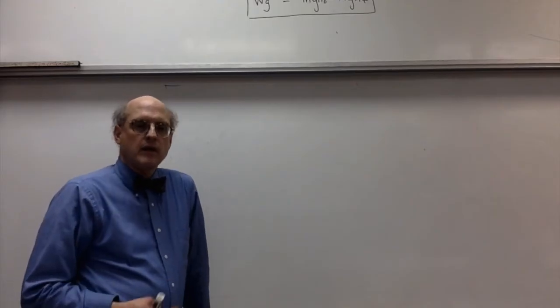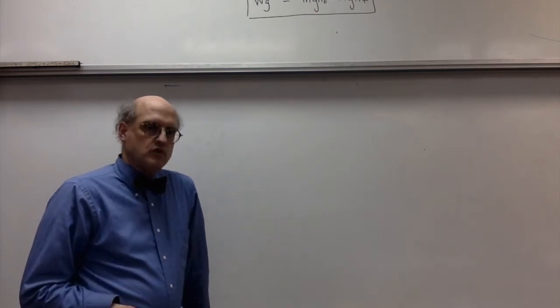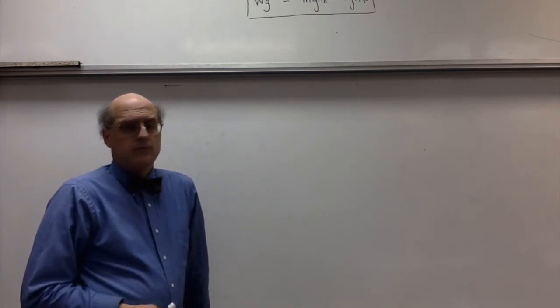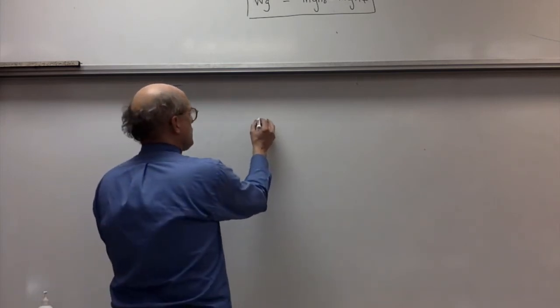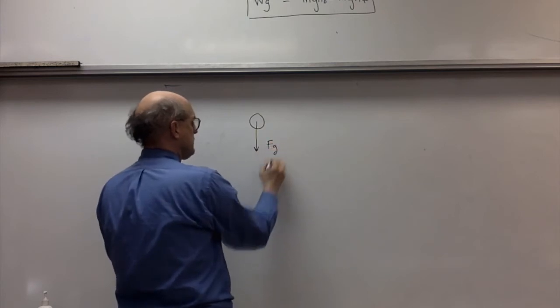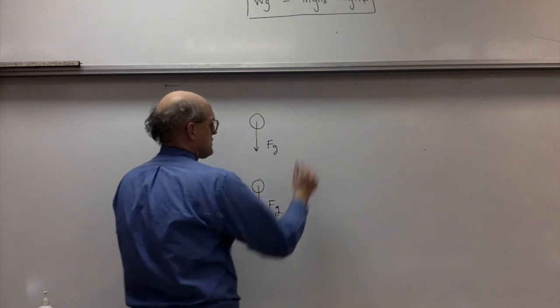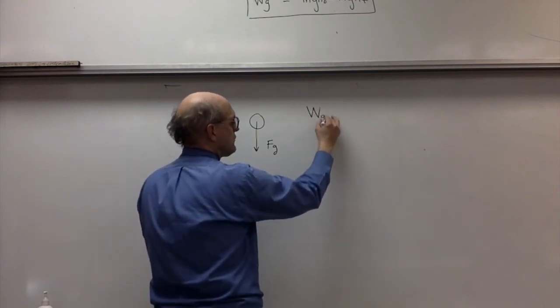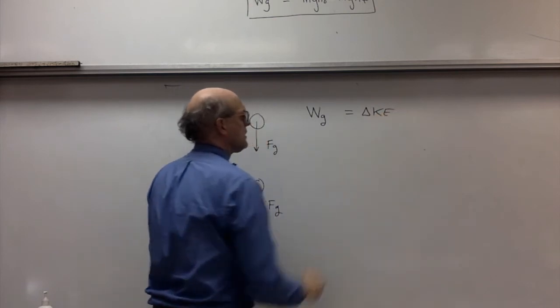Let's take a look at what happens when there are non-conservative forces like friction. So for example, let's say you drop a ball. If there were no air, the work would be done simply by the force of gravity, which is a constant. So we would have that the work done by the force of gravity is equal to the change in kinetic energy of the ball.